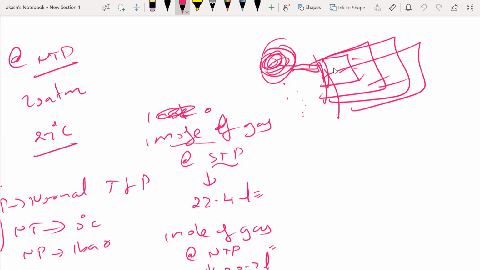So for converting from NTP to STP, we have to use the formula P1V1.